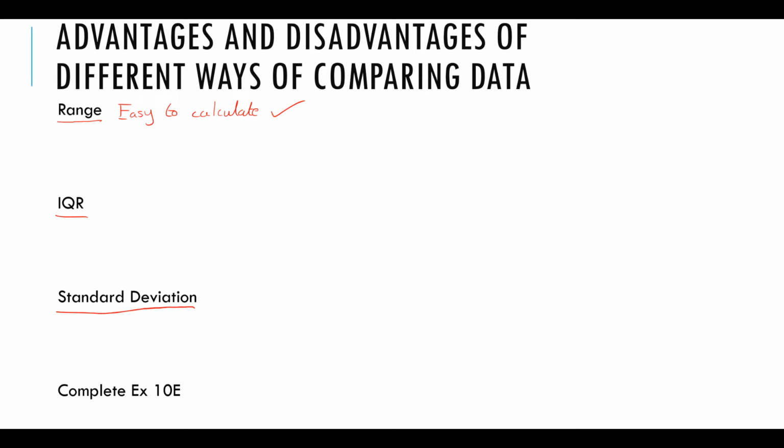What are the disadvantages? Well, outliers have a big effect. So if there's one very large or very small piece of data, or even one large and one small piece of data, that has a really big effect on the range.